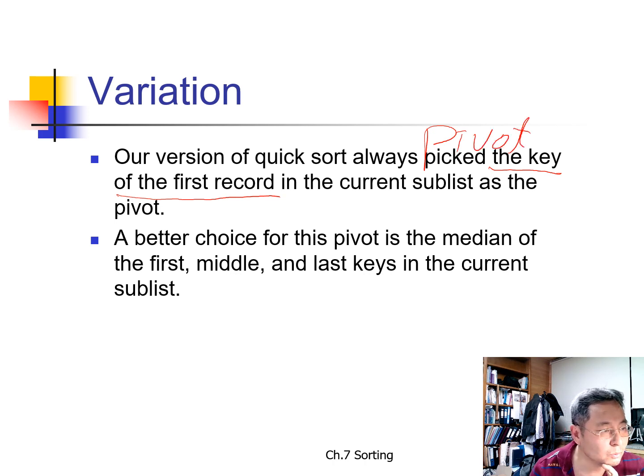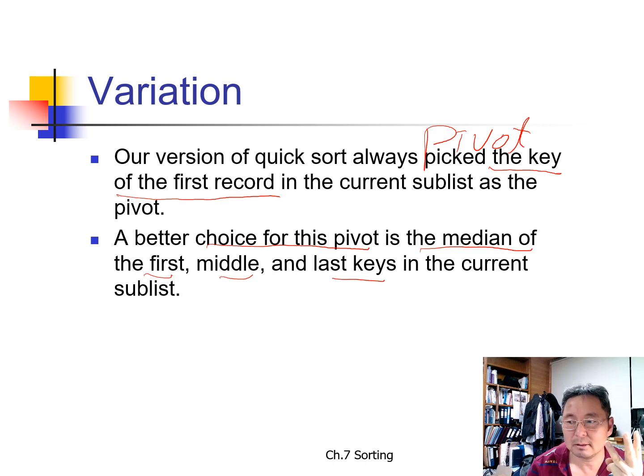So we will improve this version by changing the choice of the pivot as the median of the first, middle, and last keys. There are three values: first, middle, and the last keys.